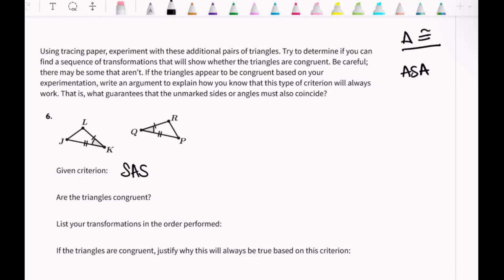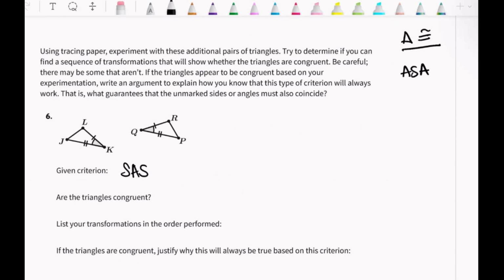They gave you a side, then an angle, and then a side. Do you think these triangles are congruent? If you use tracing paper, awesome. If not, why do you think they're congruent? Then they just want you to list the transformations. Again, you're practicing the transformations because that's one of the things that we just learned.